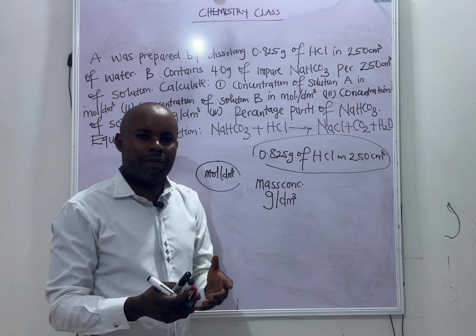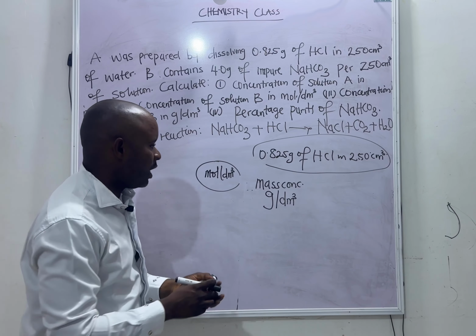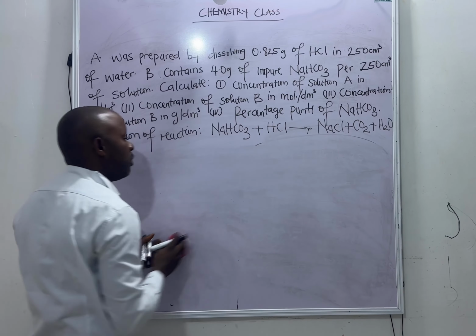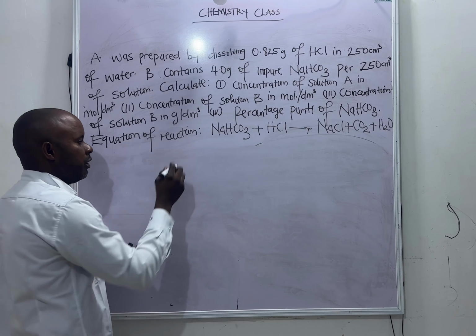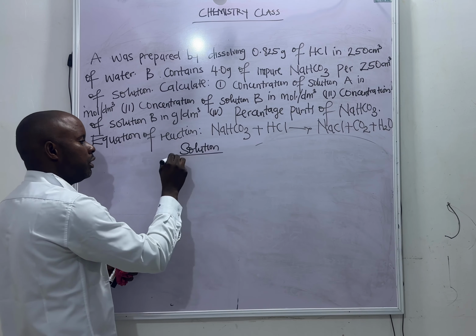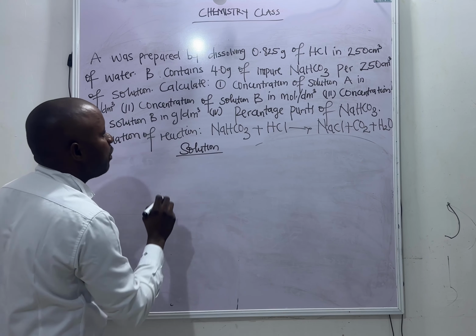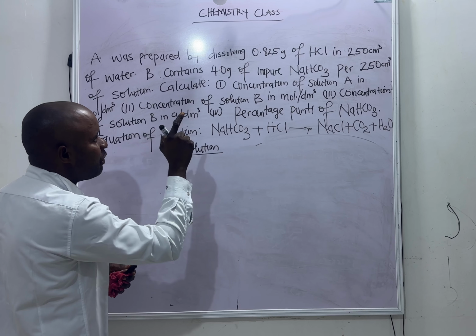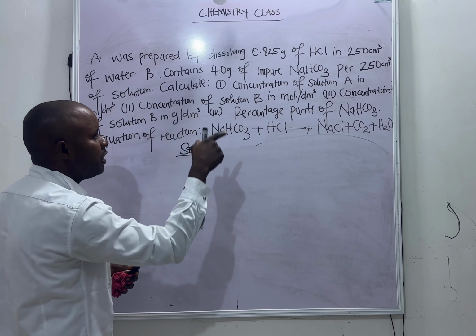We use a very simple relationship. For easy understanding, I'm going to solve this step by step. Let's solve for A. We have 0.825 gram of HCl in 250 cm cube.